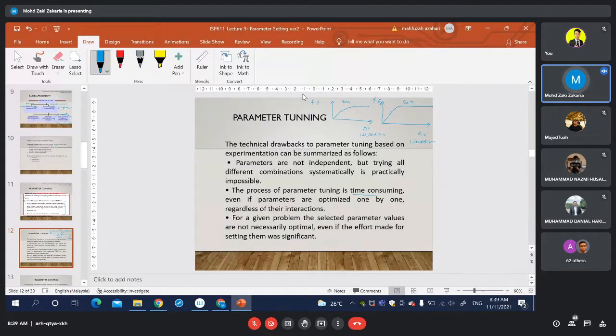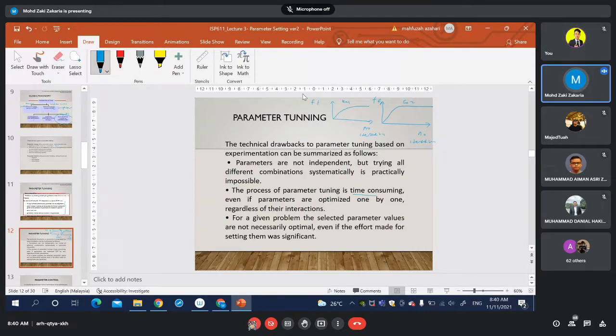Experiment 2. Why? Because the learning rate is faster, maybe. Learning rate? Here we don't have learning rate. Oh, I mean, sorry. But it's correct, experiment number 2.